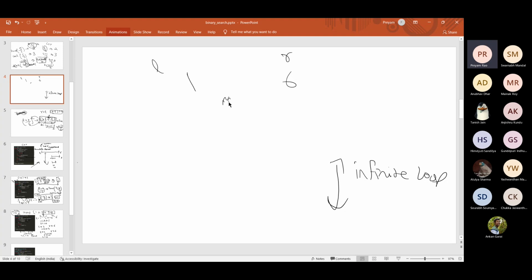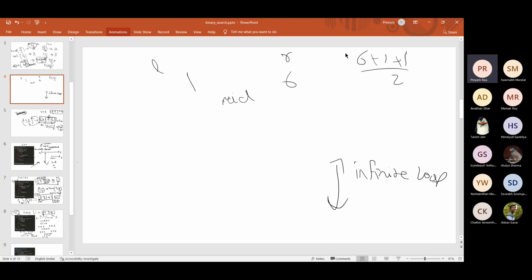Mid would be 6 plus 1 plus 1 by 2, which is 7 plus 1 by 2. So mid is 4 now. Before mid was 3, now mid is equal to 4. Everything else is exactly the same, but over here mid becomes equal to 4.